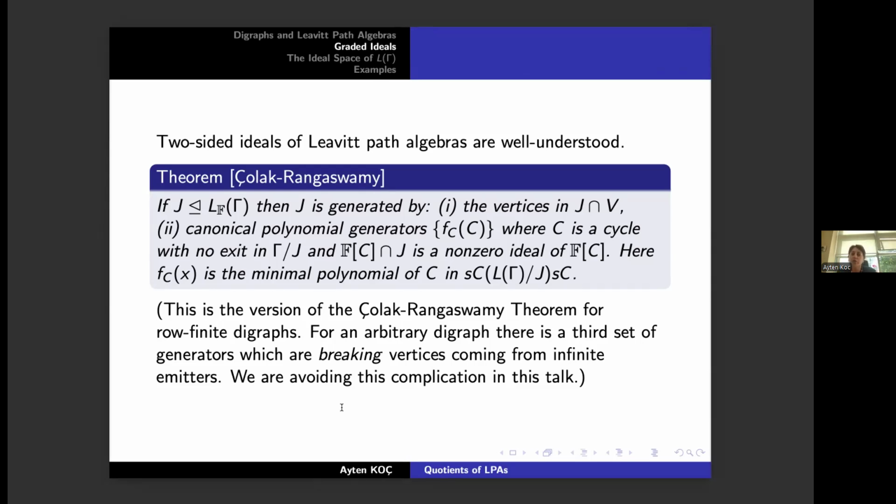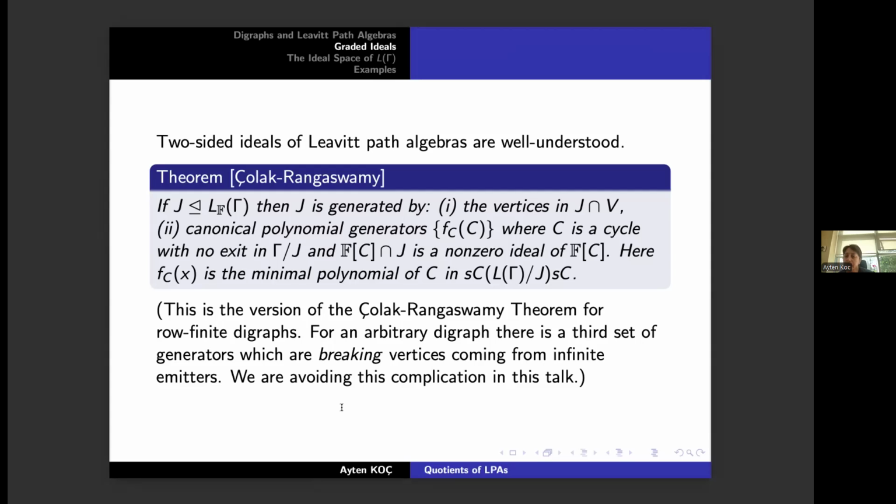This is a version of the Çolak-Ranga-Şivami theorem for row finite digraphs, but the original version was given by Çolak, and then extended by Abrams, Bell, Çolak, and Ranga-Şivami, and then the final version was given by Ranga-Şivami for arbitrary digraphs.